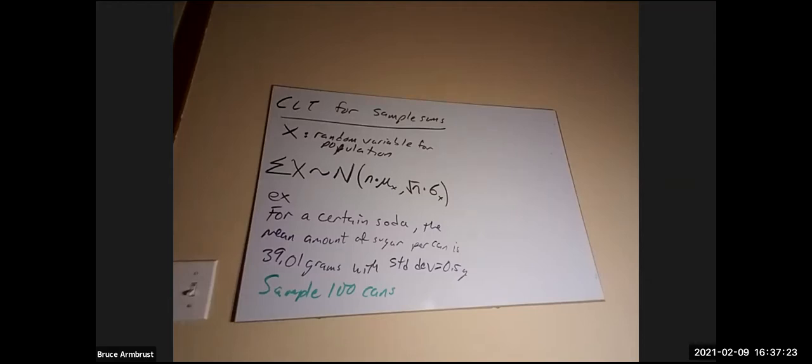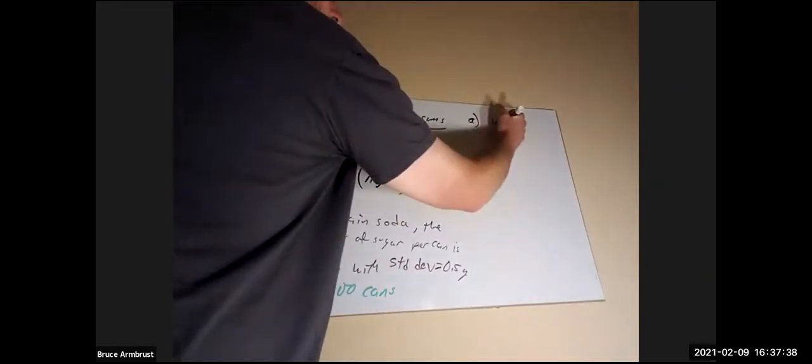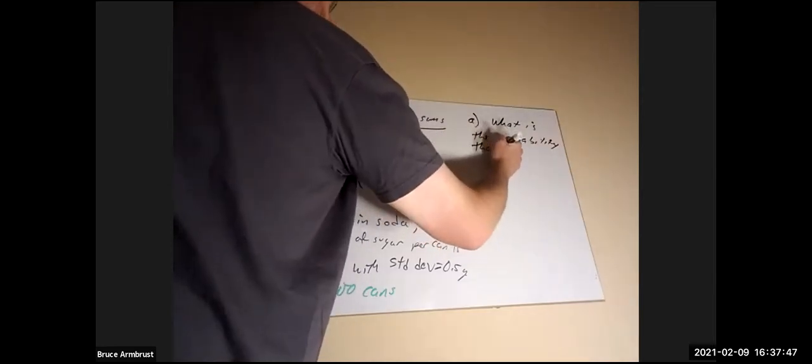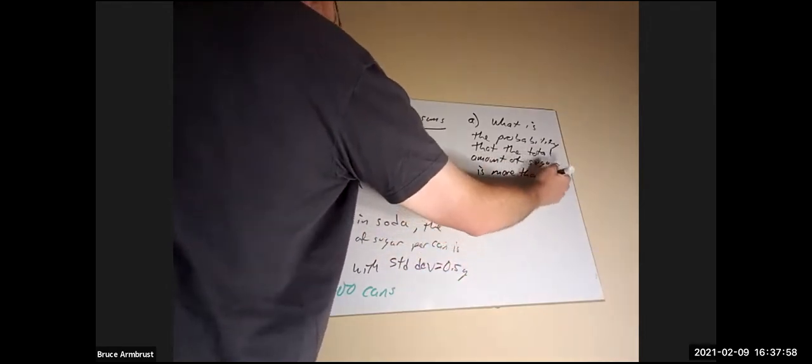All right, so here's my question. We'll do a few questions, but let's start with this one. Question number 1, I guess we'll call it A: what is the probability that the total amount of sugar is more than 3,910 grams?